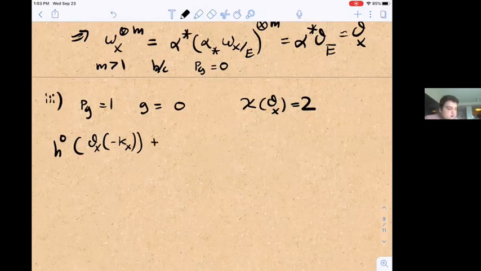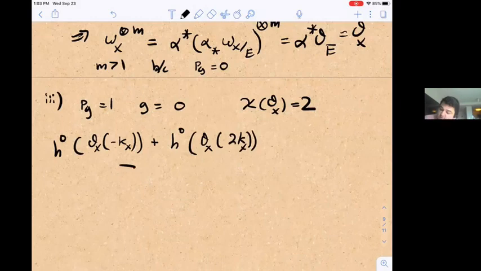So we write down Riemann-Roch, we get H0 of O of minus K plus H0 of O of 2K is greater than or equal to, again, the first term is 0 in Riemann-Roch because we just have the canonical and we know that Kx is squared 0.